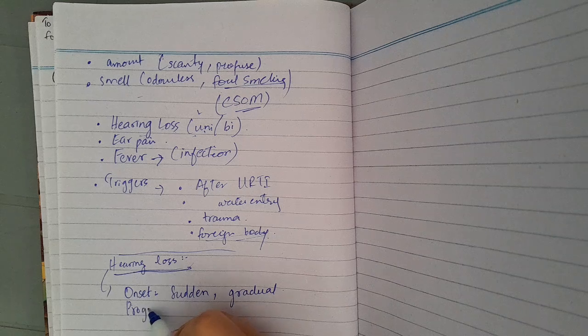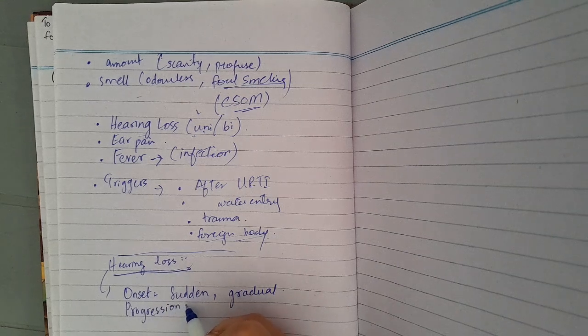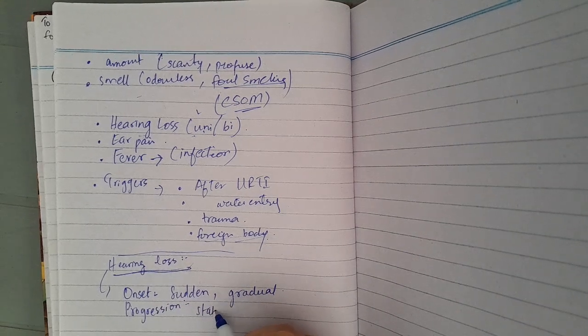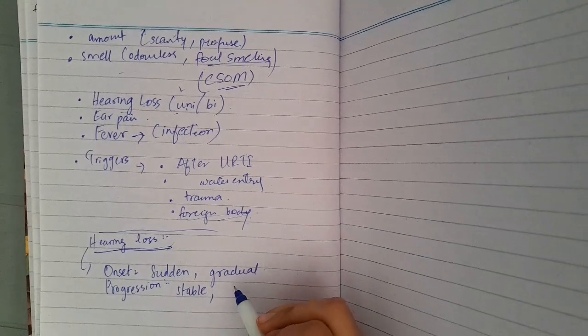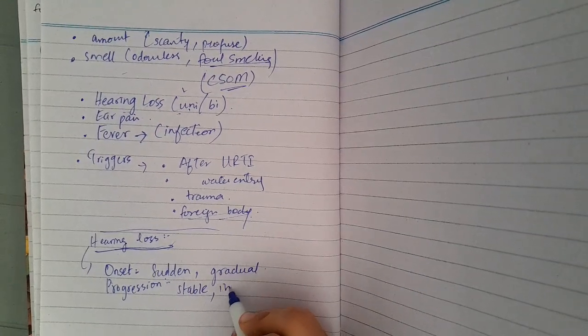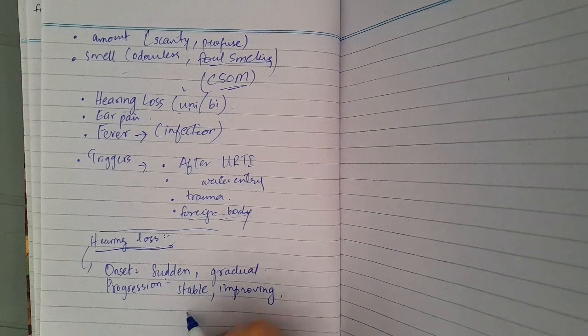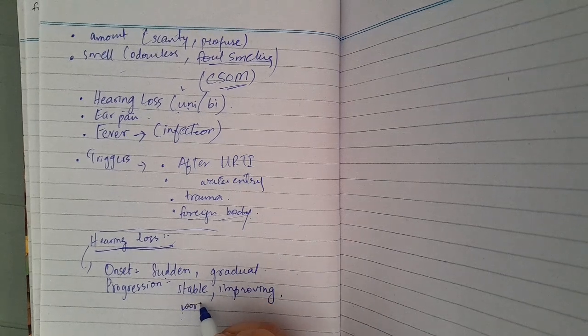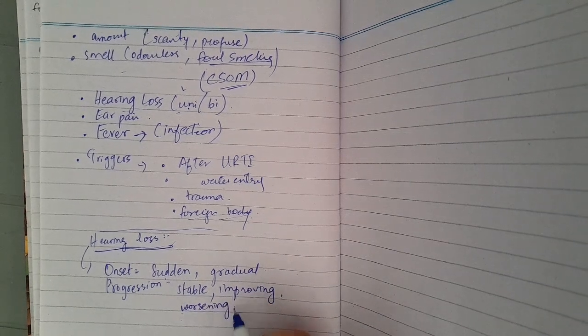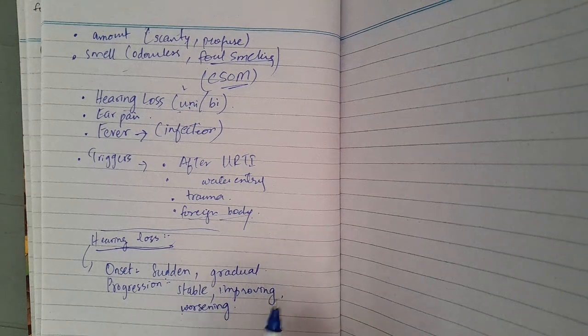Then you're gonna ask about the progression. Is it stable, like it stays wherever it is, or is it improving, like can you hear now, or has it improved in the past year or in the past month, or is it worsening, like first it was unilateral and now it has started to get bilateral as well?